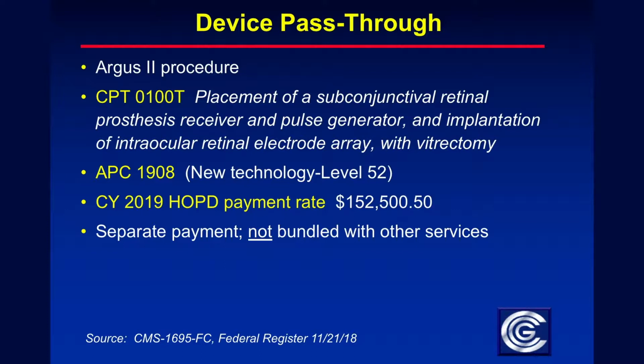The CPT procedure code is 0100T. It is assigned to APC 1908. The payment rate is $152,500.50. Payment is excluded from being bundled with payment for other procedures.